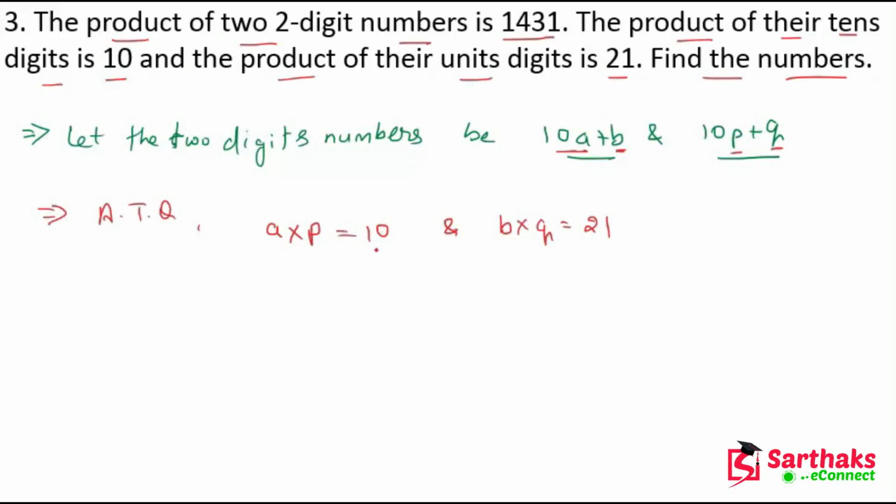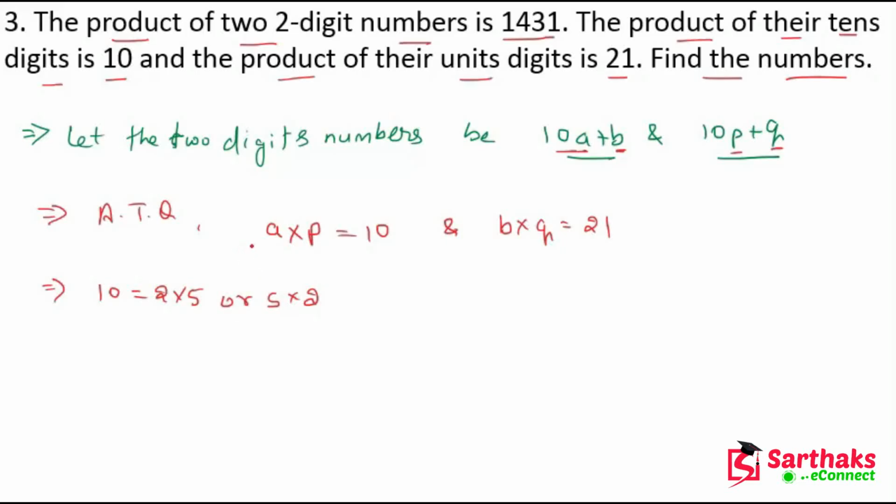Now we know the factors of 10. If you observe, the factors of 10 are 2 into 5, or it may be written as 5 into 2. So the values of a and p are 2 and 5, or 5 and 2. It means if the value of a is 2, then the value of p is 5. If the value of a is 5, then the value of p is 2.